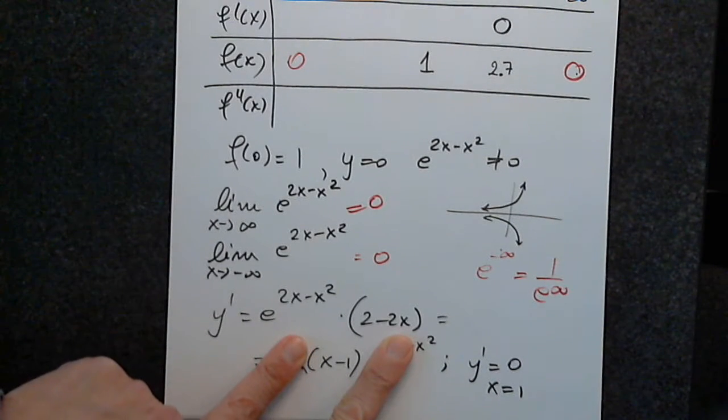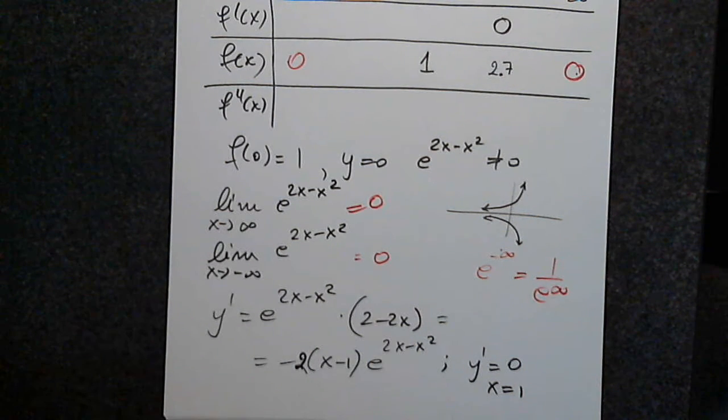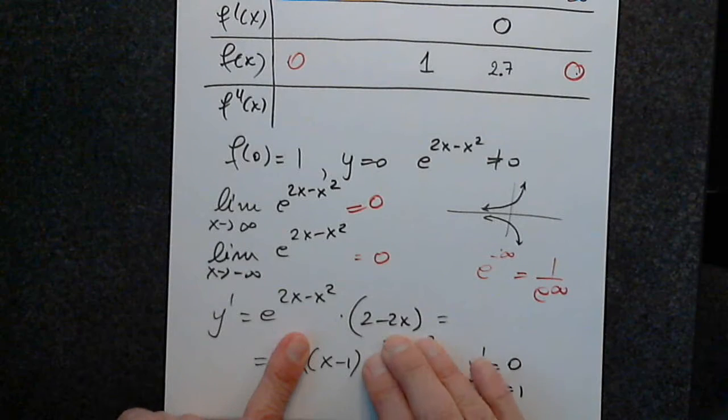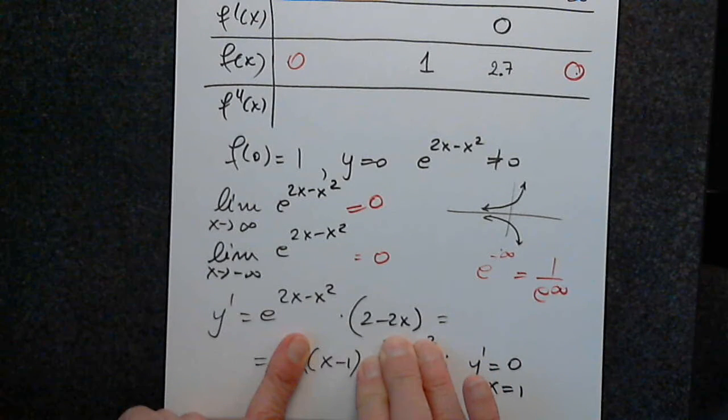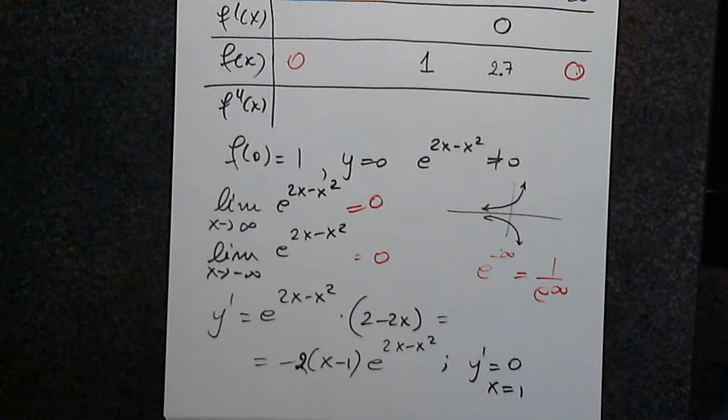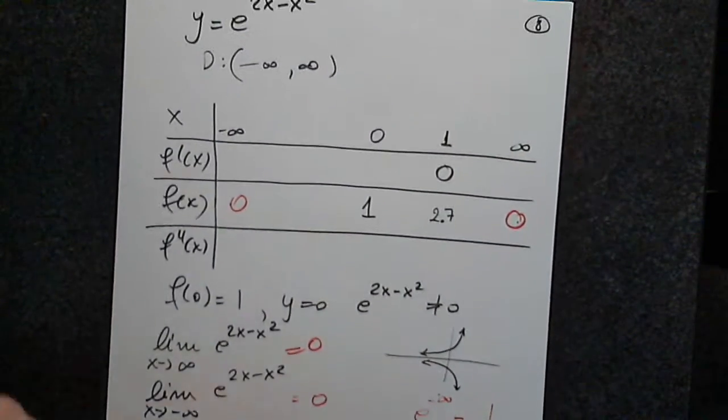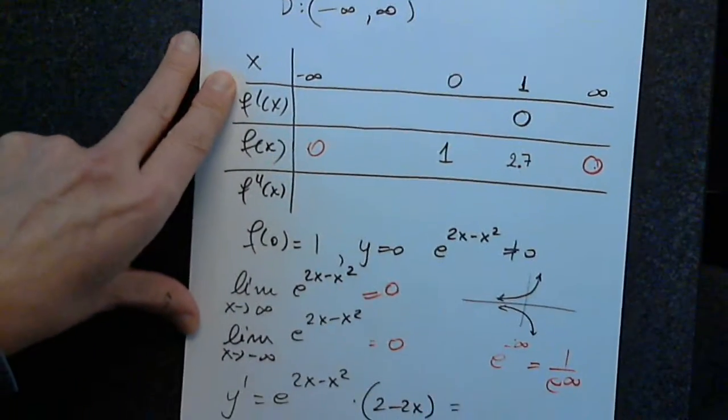The only one is x equals 1. What I'm saying is, when I set this expression equal to 0, this cannot be 0, this cannot be 0. x minus 1 being 0 means x equals 1. Oh, I see. Ignore the 2 and the e. Yeah. Okay, so that's 2.7.